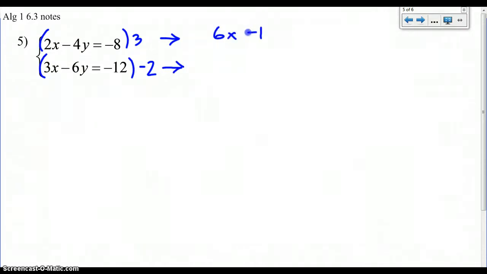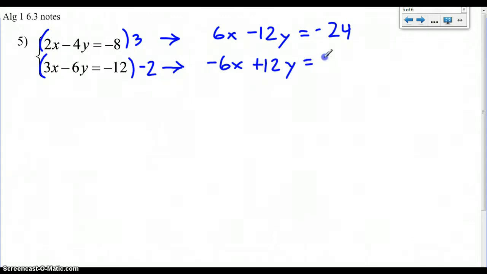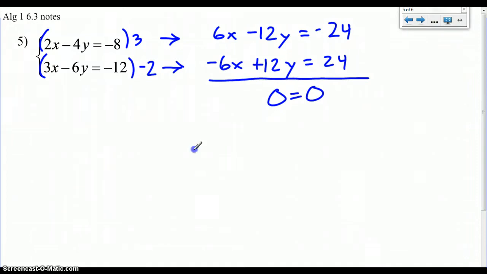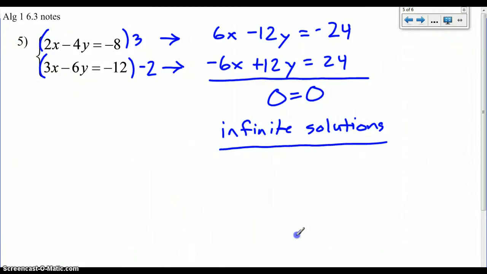So 6x minus 12y is equal to negative 24, and negative 6x plus 12y equals 24. Interesting. 0 equals 0. How does that happen? Well, these 2 lines are actually one line, and we call that infinite solutions. 2 lines that are exactly the same.